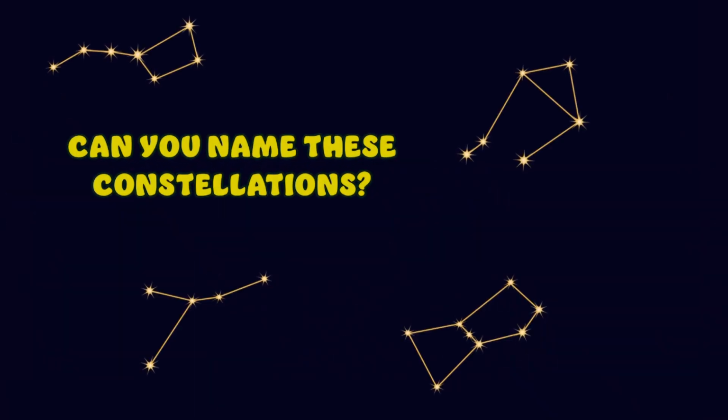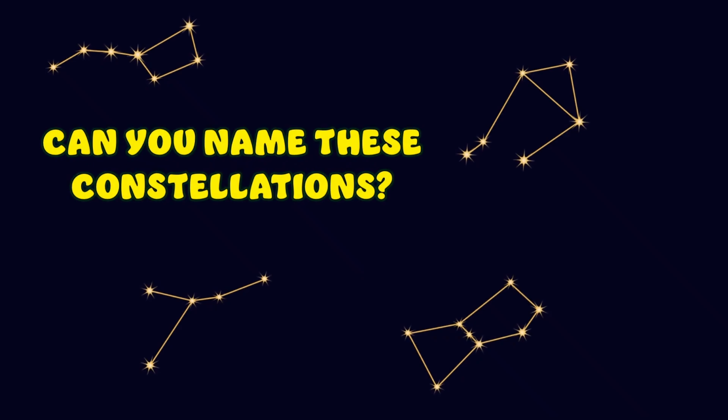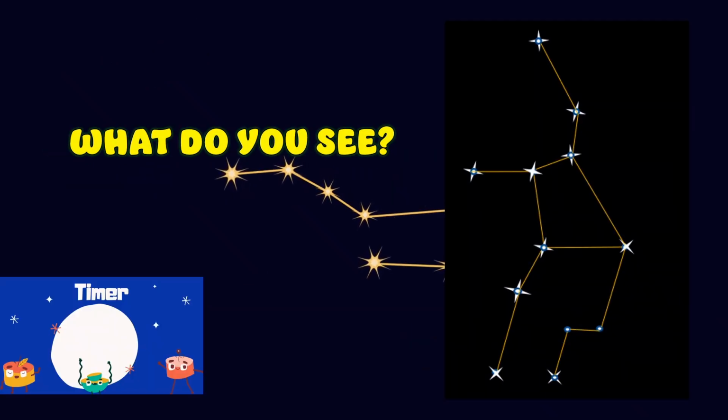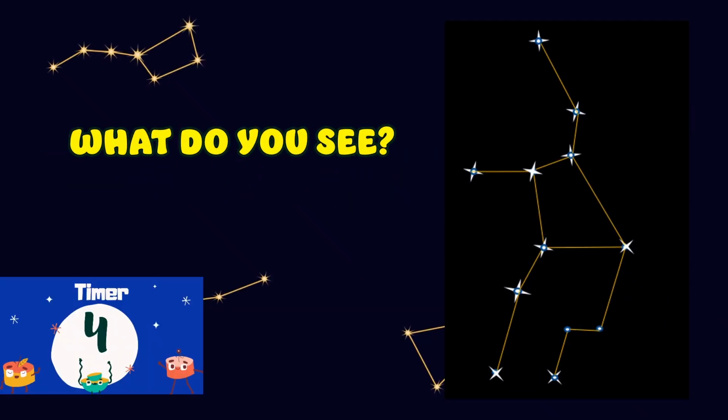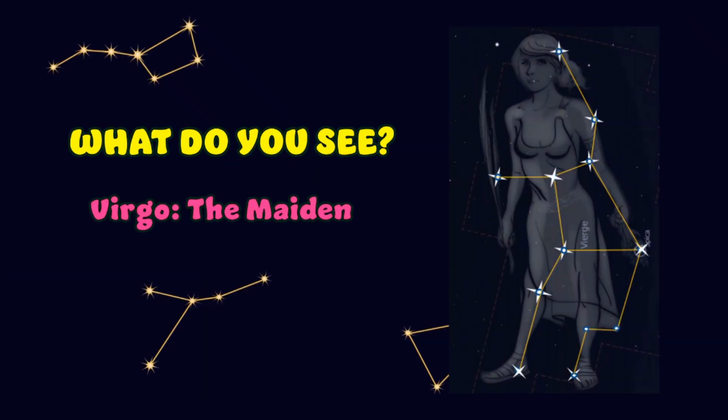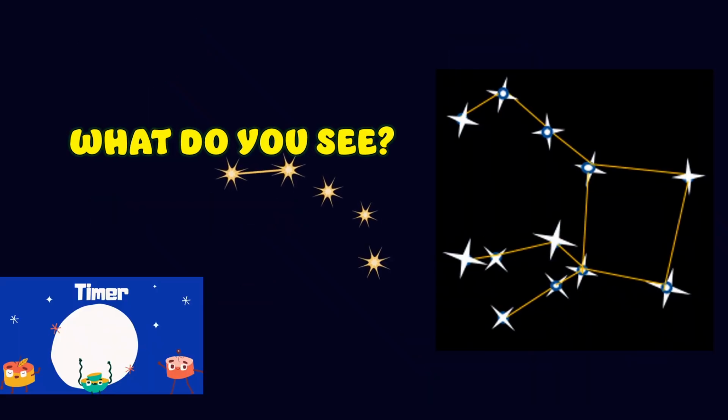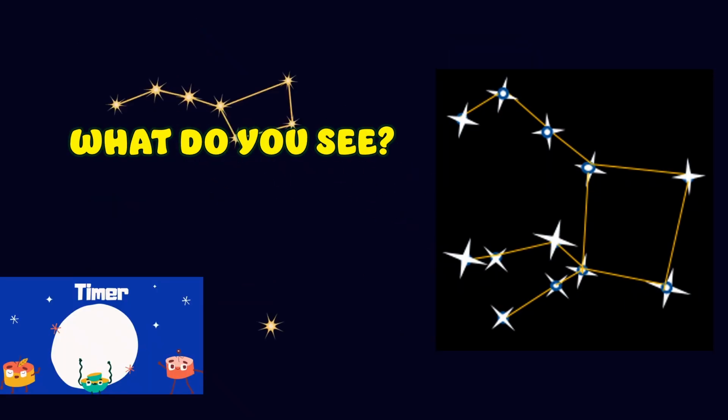Can you name these constellations? What do you see? It's Virgo, the maiden. How about this one? What do you see?